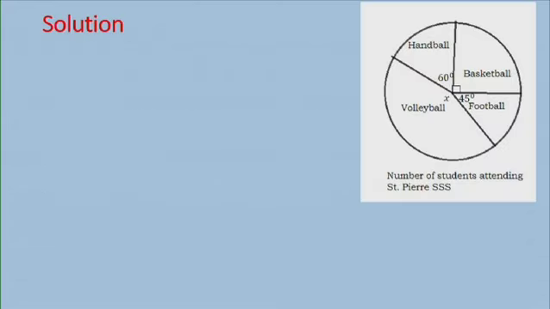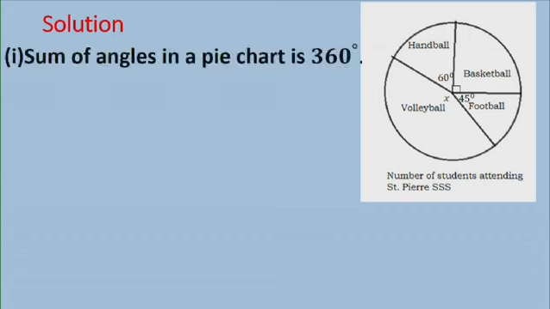So let us have a look at the solution. The first part was to calculate the value of x. You will recall that the pie chart is in the form of a circle and the sum of angles in a circle is 360 degrees. This means that the sum of all the angles in the pie chart will be equal to 360 degrees.